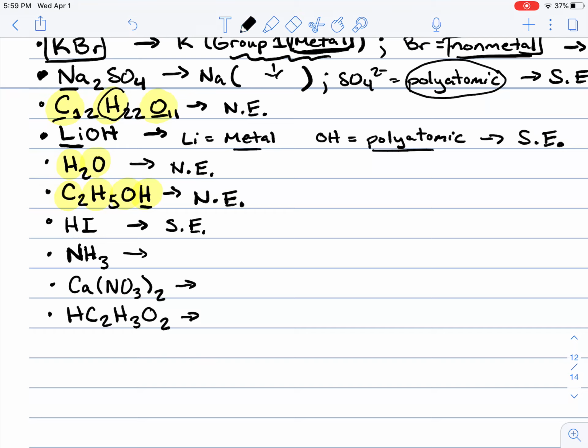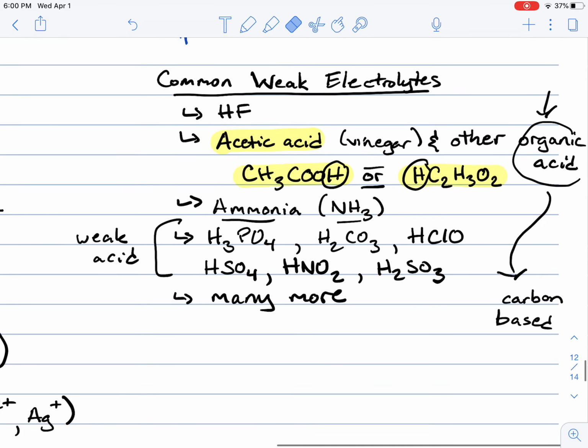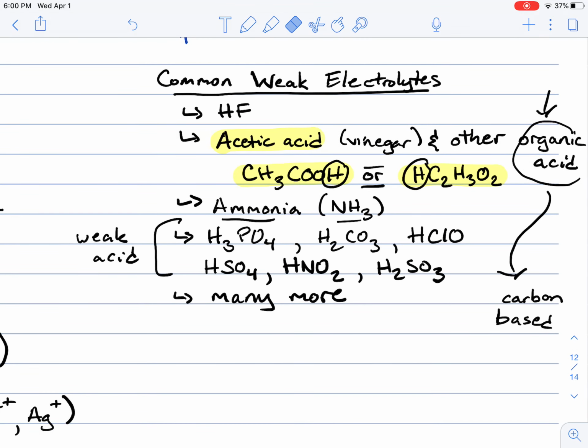Okay. So looking at our next example, we have NH3. Once again, it's very tempting to say that, oh, look, we have nitrogen and hydrogen, and so this must be a non-electrolyte because both elements are nonmetals. Unfortunately, we cannot make that conclusion because NH3 is actually found on the list of common weak electrolytes.